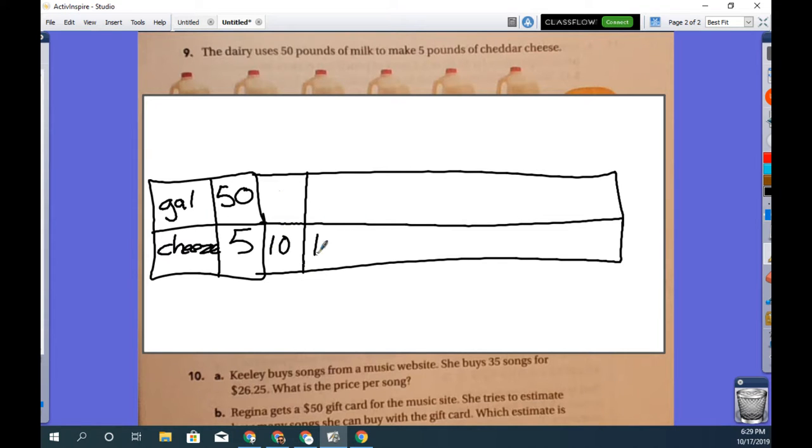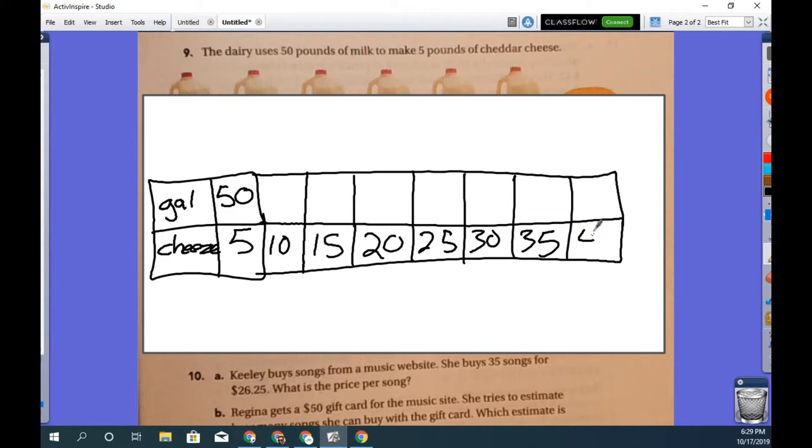Or 15, 20, 25, 30, 35, 40, 45, and then we have 50 up here. And or we could just count up by 50s or multiply by 10, either one we're good.